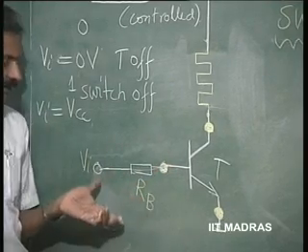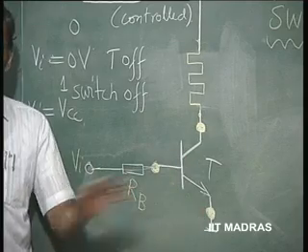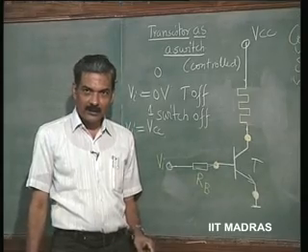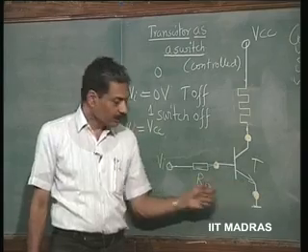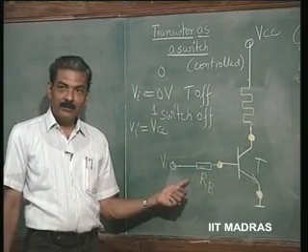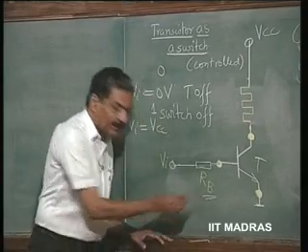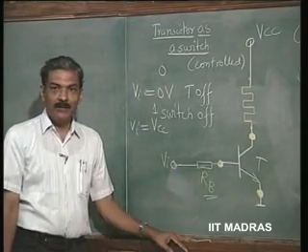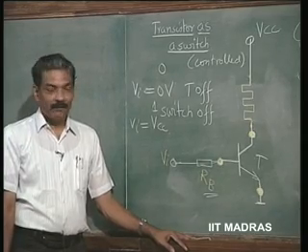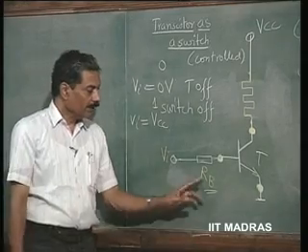So, it cannot sustain this much amount of forward voltage, and therefore, this junction will collapse, it will get destroyed, because there is no current limiting. So, RB is the current limiting resistance put in the base. This is an important resistance to be put in the base of a switch, this you must remember, when the transistor is being used as a switch. This will be limiting the current.